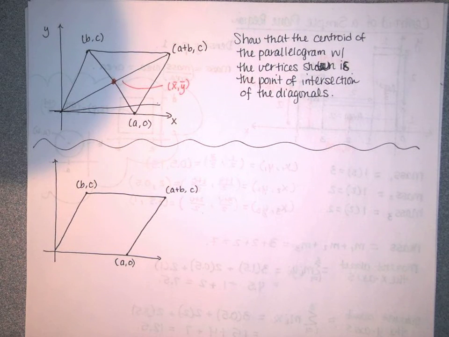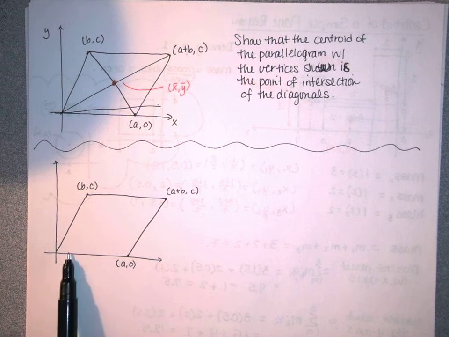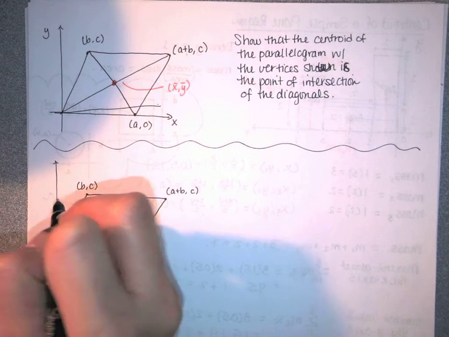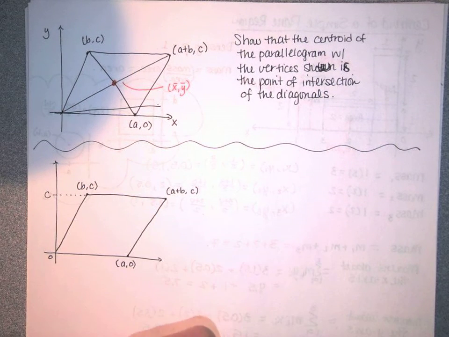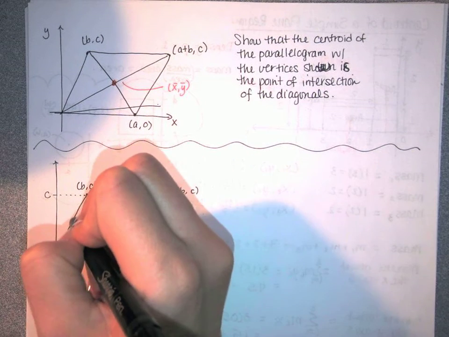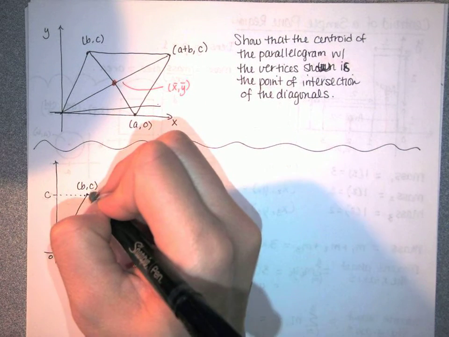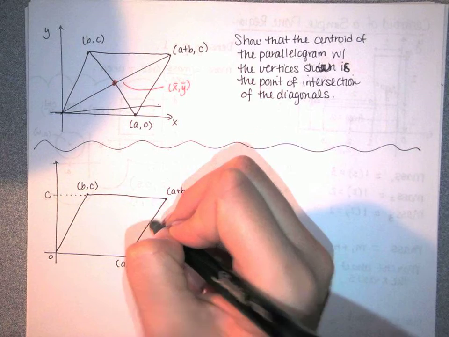Just looking at this picture, when I'm thinking about center of mass, I know that I want to slice it this way because my function on the right and my function on the left are going to be the same, and we're going to integrate from this y value, which is 0, all the way up to this y value, which is c. So it makes the most sense to me to do that as opposed to slicing this way, and I would have a top function like this over here, and then I have a different top function for a while, and then I have a top function here, and then a bottom function here.